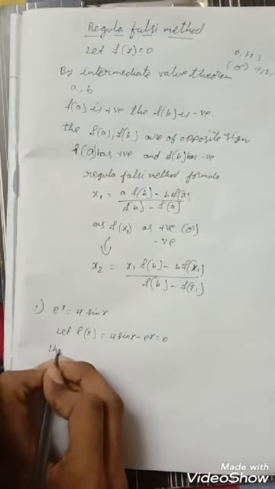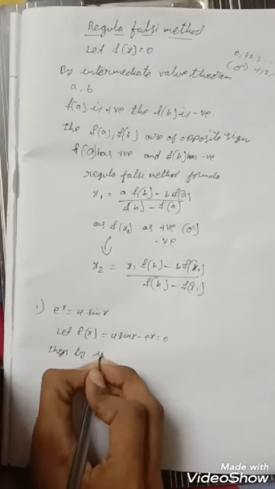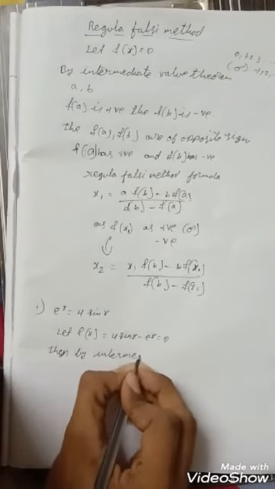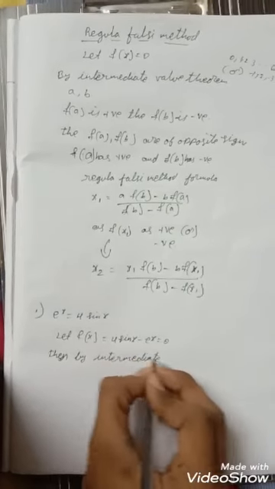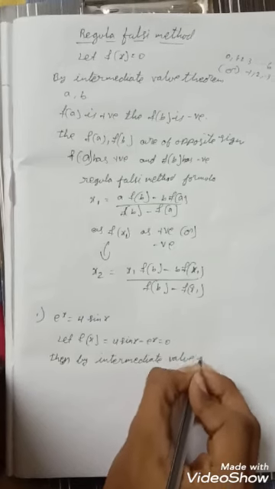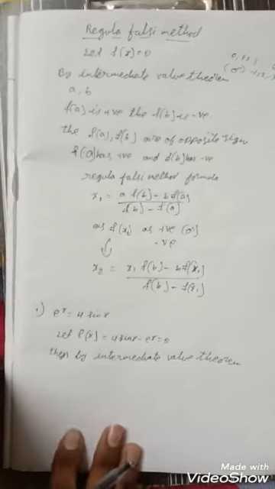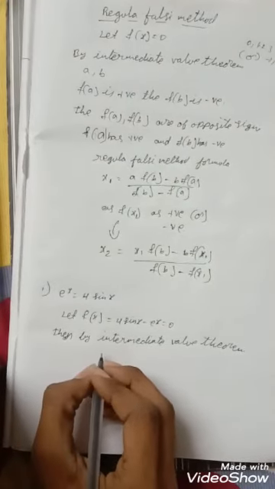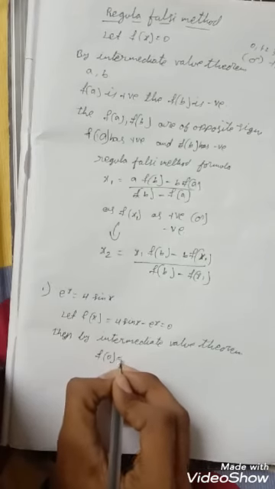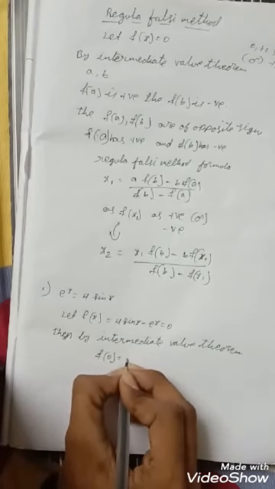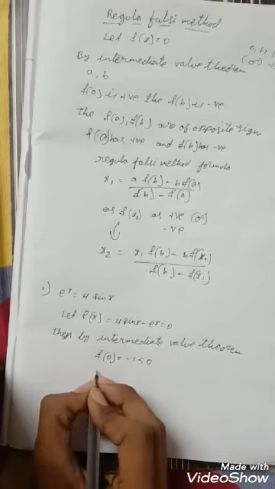Then by the intermediate value theorem we substitute the value of x as 0, and we obtain f of 0 is equal to -1, which is less than 0.